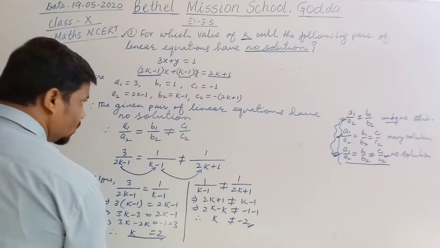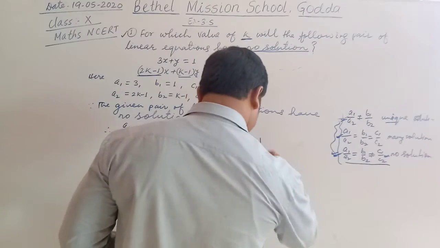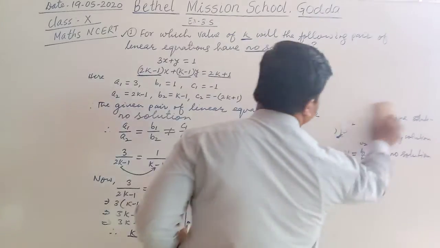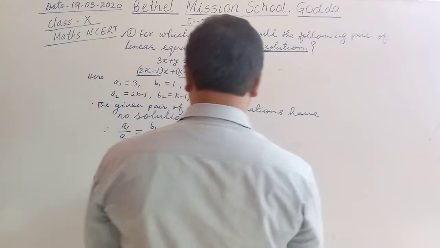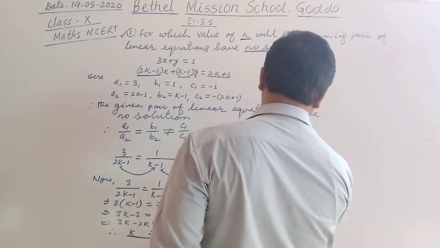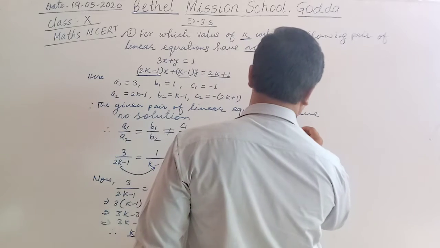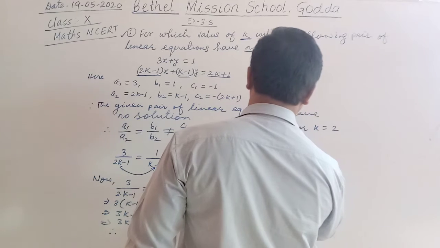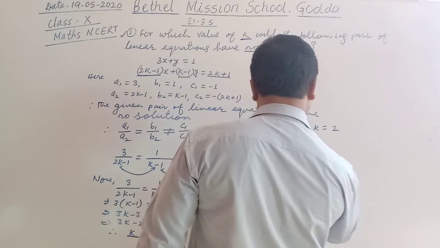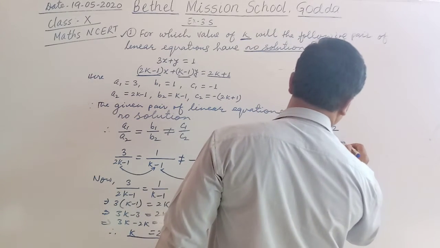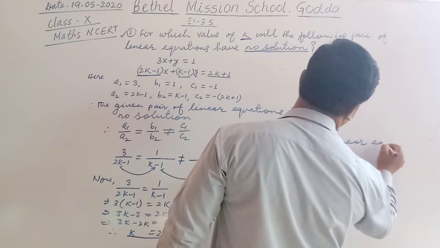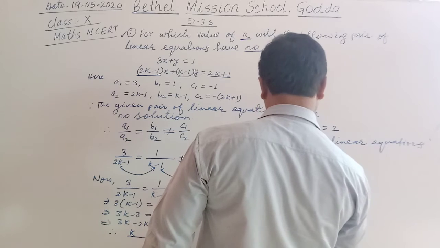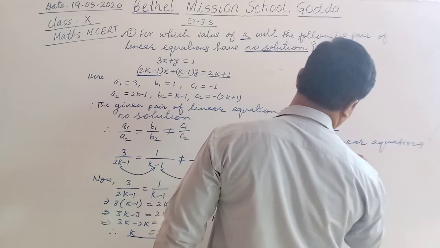Then what we will do, we have to write: therefore for k equal to 2 the pair of linear equations have no solution.